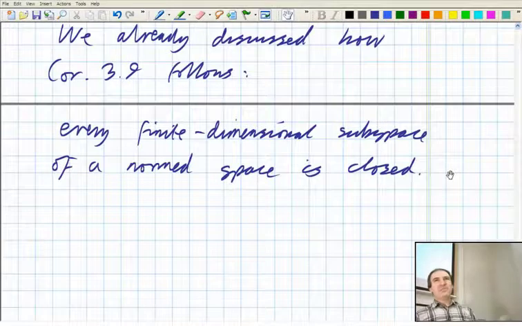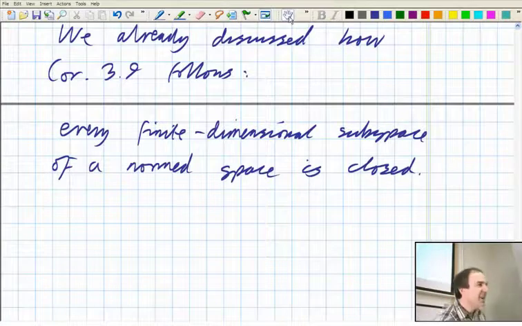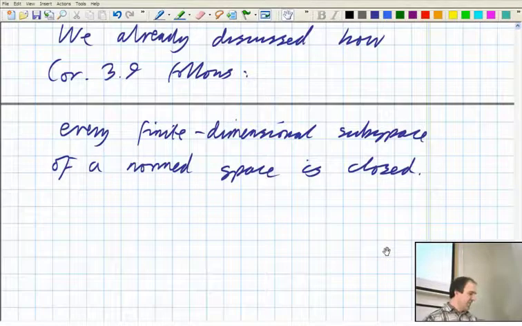That finite dimensional normed space must be complete. A complete subset of a metric space is always closed, and that's it. Okay? Wonderful stuff.